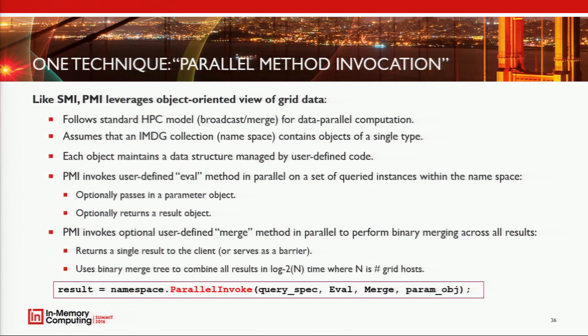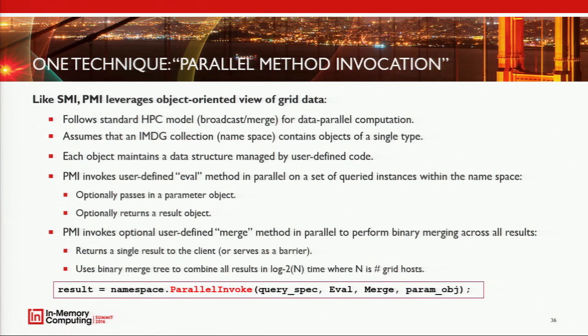This is a way it could be implemented, the way we do it in our product, called parallel method invocation. Again, we're leveraging the object-oriented view of data. Objects within a collection are instances of a type, and you can define two methods. One we'll call an eval method, and another called a merge method. The eval method, notice, can take a parameter, unlike a mapper, by the way.